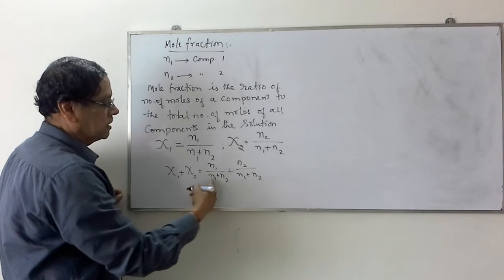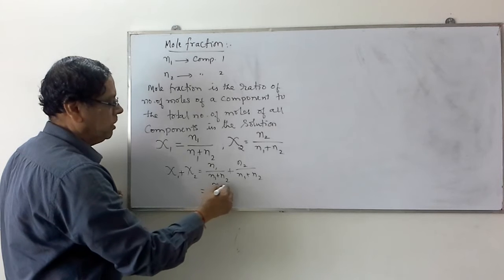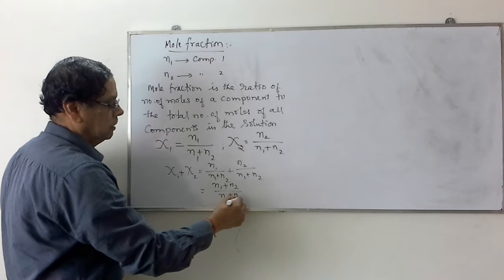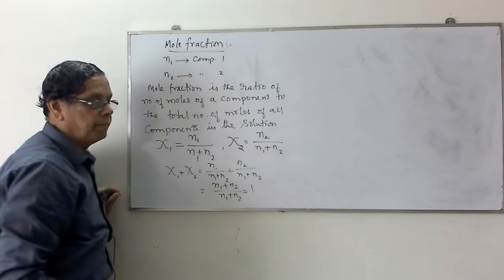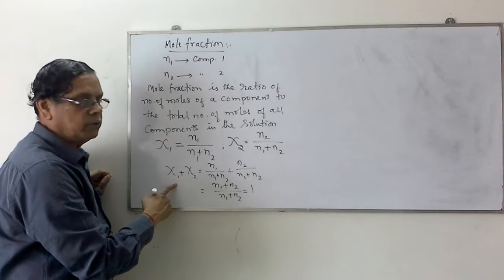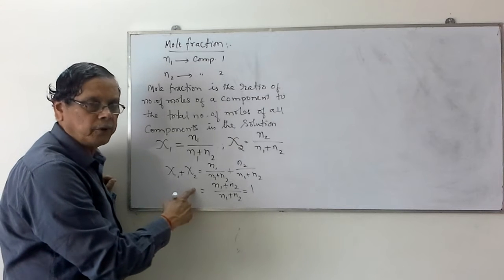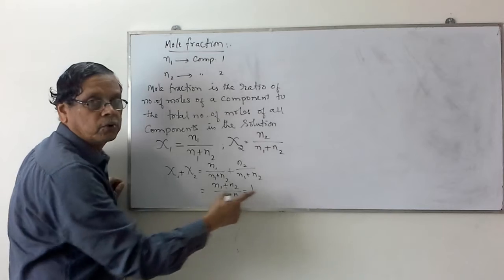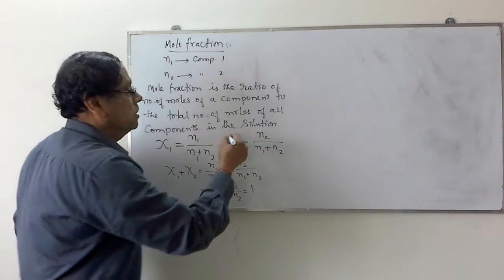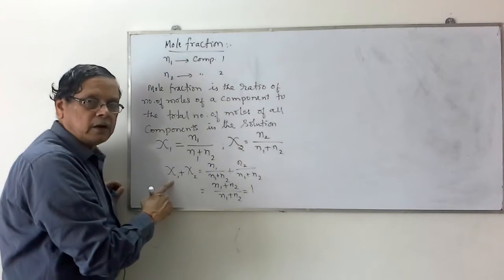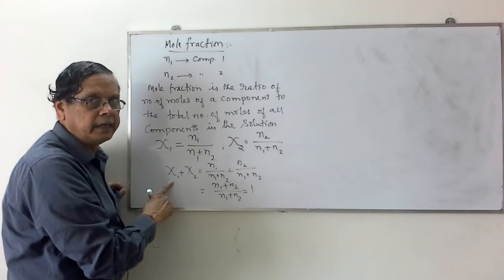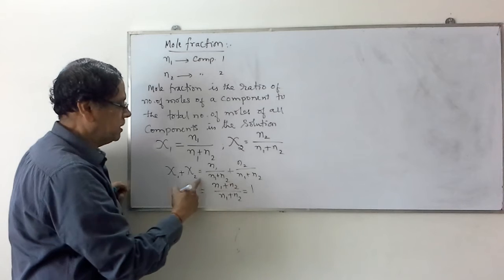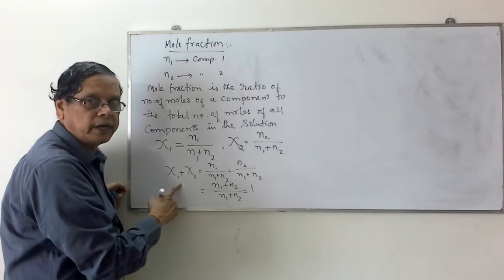The sum of these two will be N1 plus N2 divided by N1 plus N2, which is nothing but equal to 1. So for a binary solution containing only two components, the sum of the mole fractions of the two components will be equal to 1. Suppose the mole fraction of one component is determined, the other can be easily calculated: chi 2 will be equal to 1 minus chi 1.